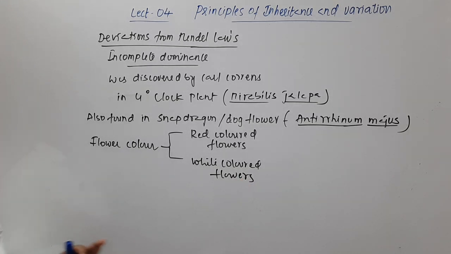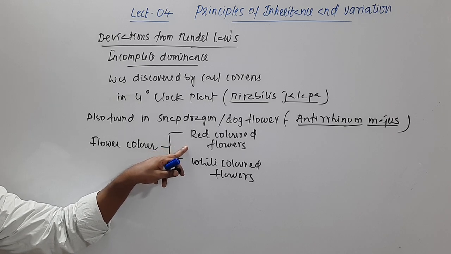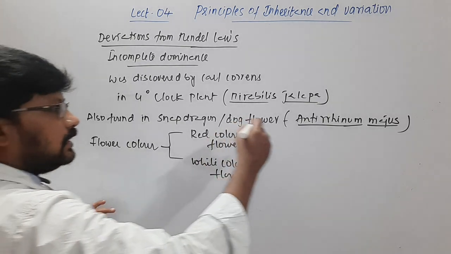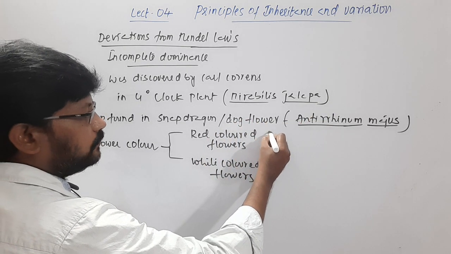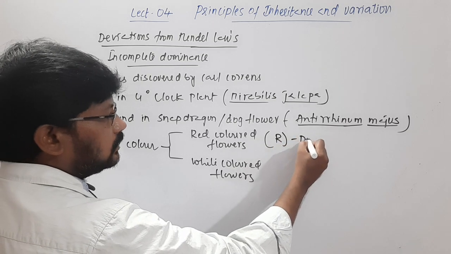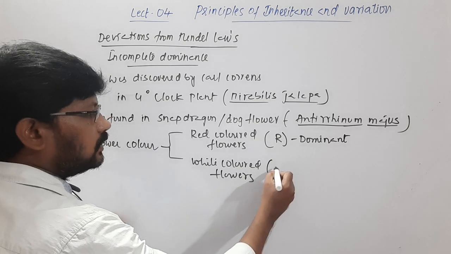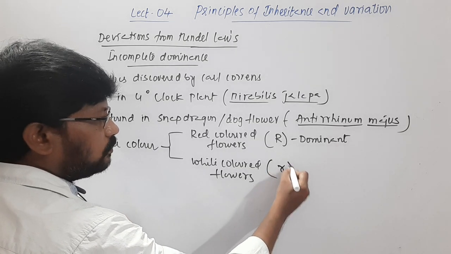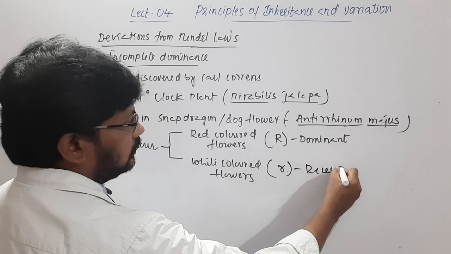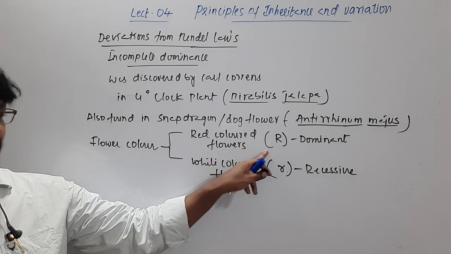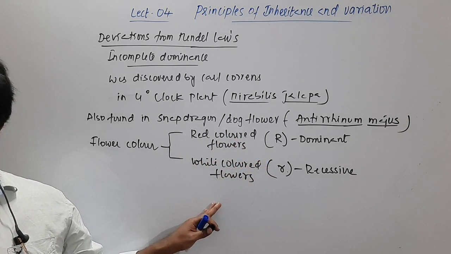In Mirabilis jalapa or in Antirrhinum, he observed that the red color is dominant, so we'll take capital R. And the white colored flowers are recessive, so I'm going to take a small r.